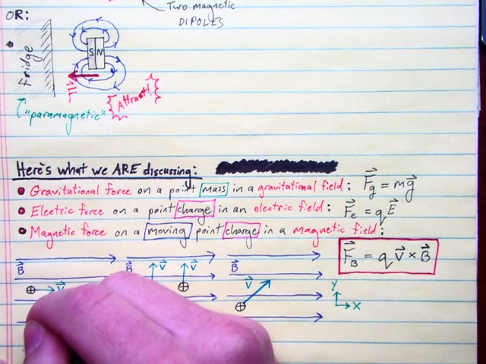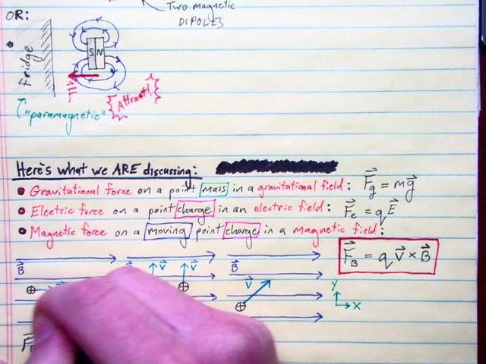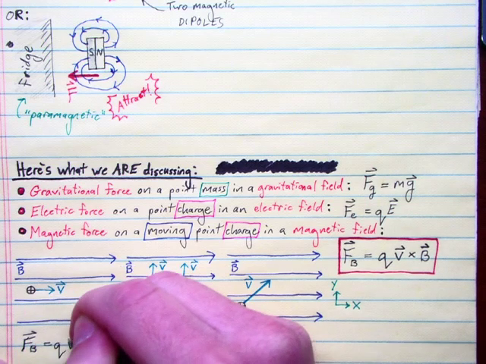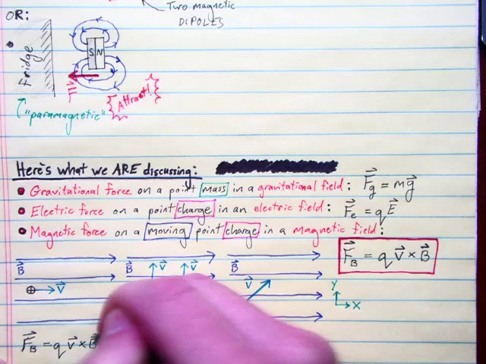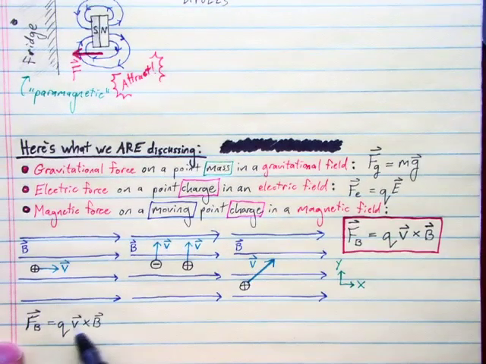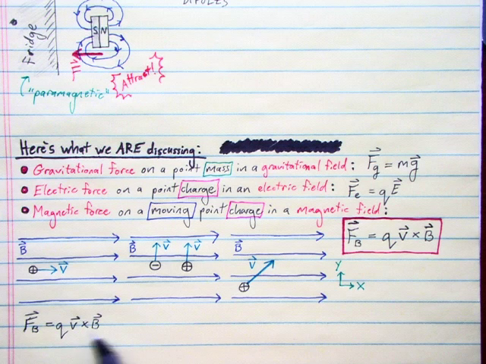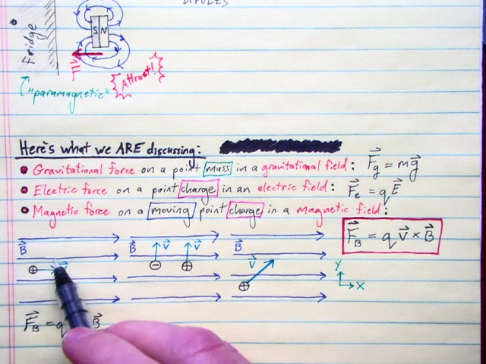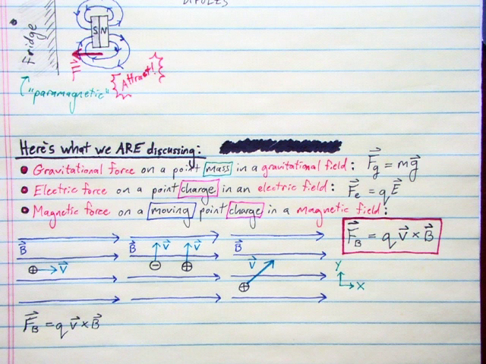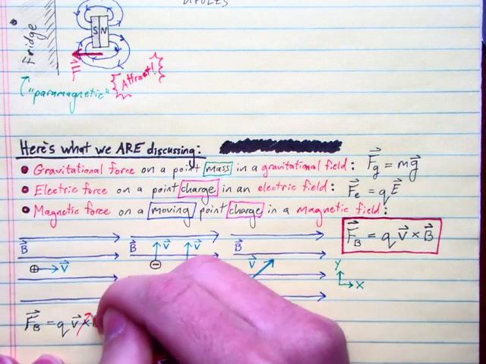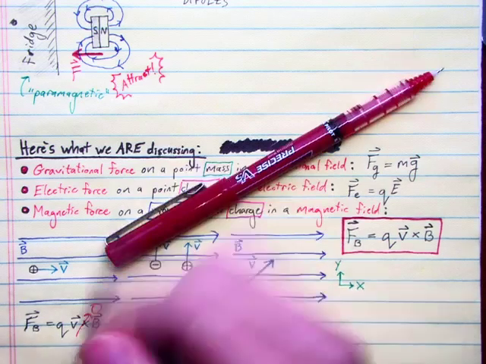So if we want our magnetic force here on that particle, q v cross B, well, two vectors that are parallel to each other have an angle of 0 between them. Sine of 0 is 0. Cross product is supposed to be the product of the perpendicular parts. These two vectors have no perpendicular parts. So that cross product is 0 in this case.